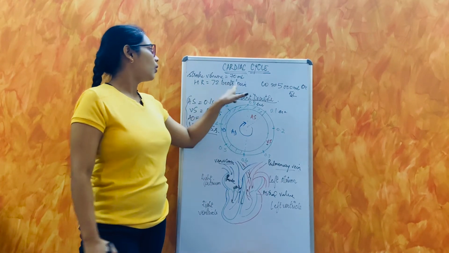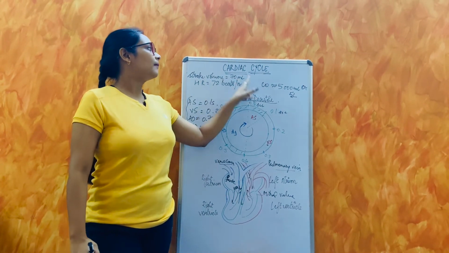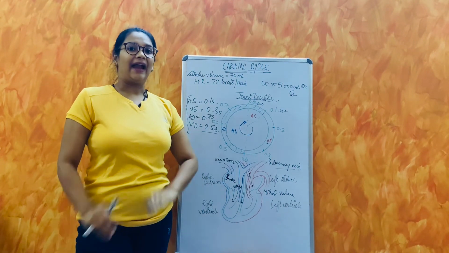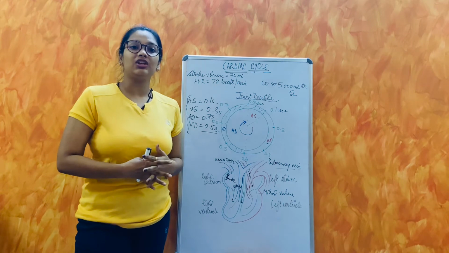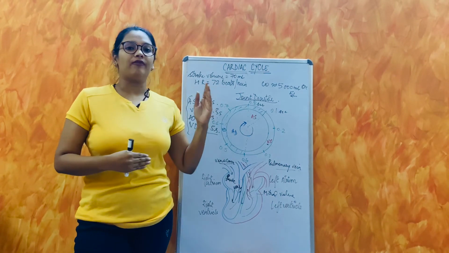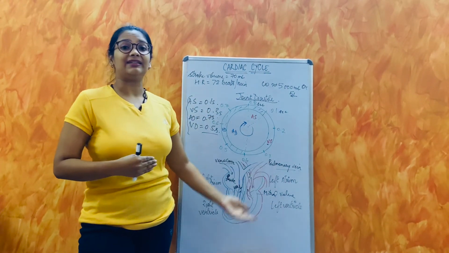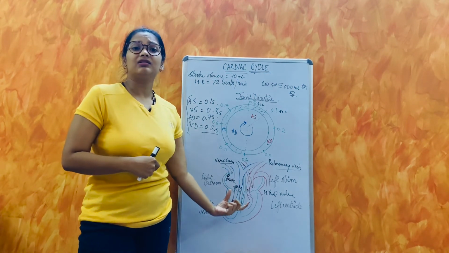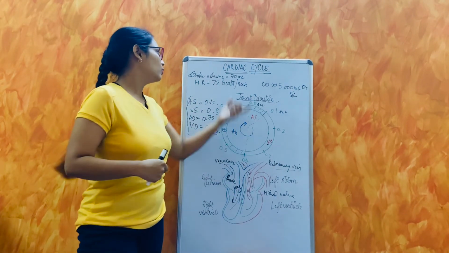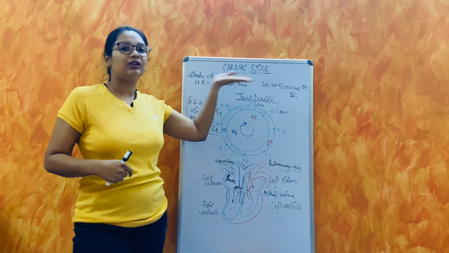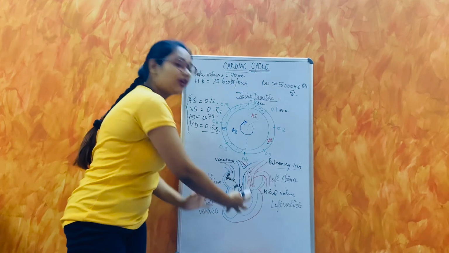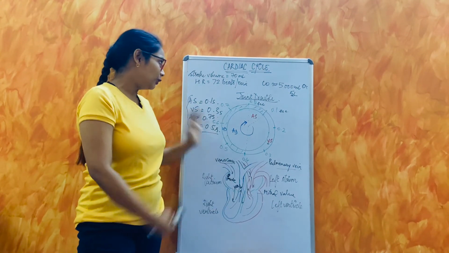So the stroke volume is basically the amount of blood which is ejected by the ventricles, and in case of its alteration, in case of disorders where the ventricles fail to pump out and meet the 70 milliliter requirement, the cardiac output or the ventricular function decreases.